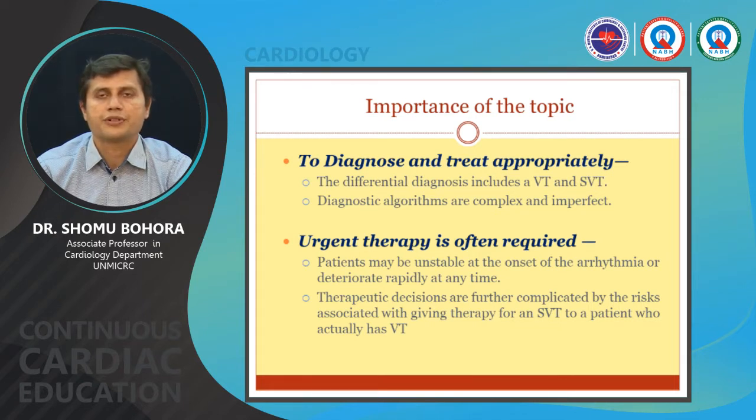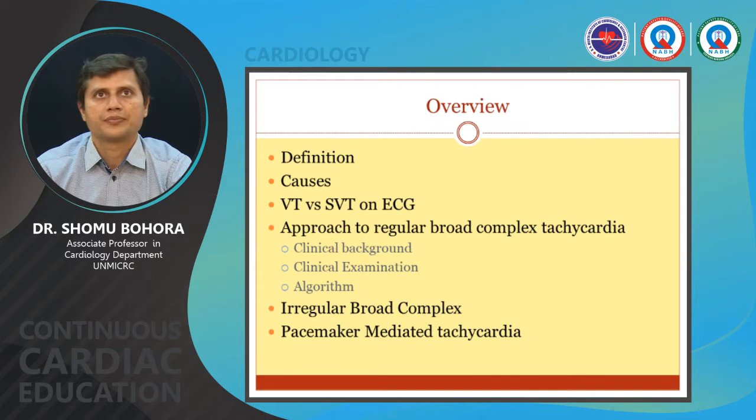Therapeutic decisions are further complicated by the risk associated with giving therapy for a SVT to a patient who actually has a ventricular tachycardia. A broad complex tachycardia is generally considered to be a ventricular tachycardia which is associated with risk, and therefore it is important to diagnose ventricular tachycardia, and broad complex tachycardia basically serves a purpose to diagnose ventricular tachycardia.